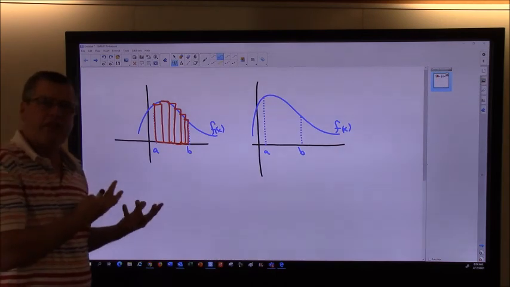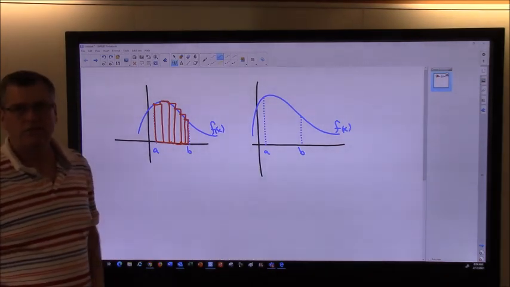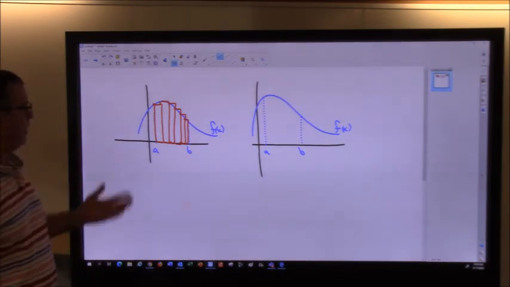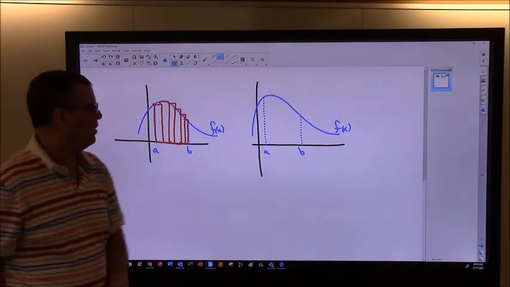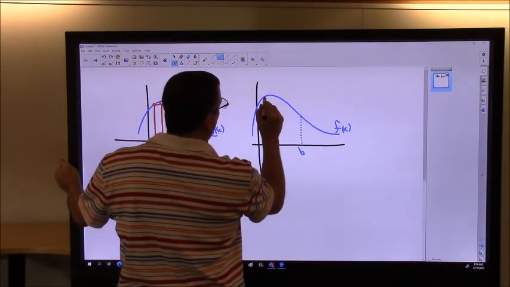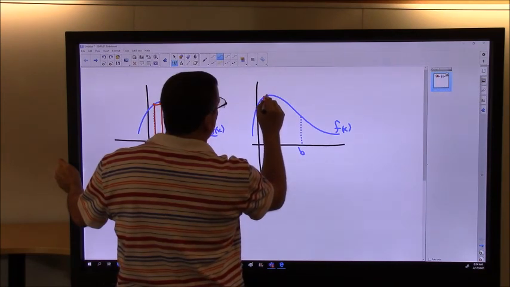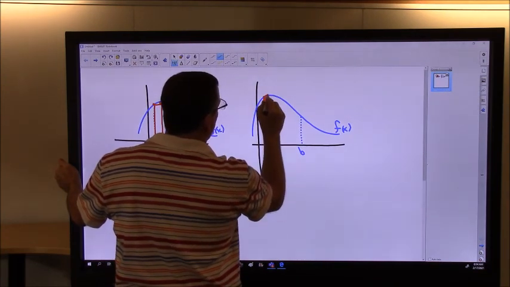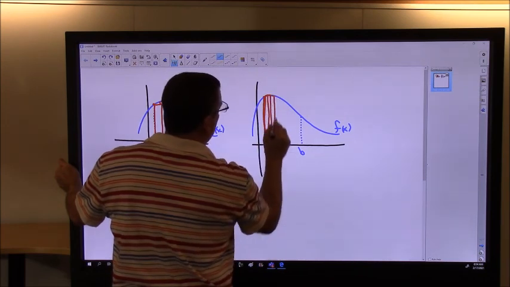So how do I fix that so I'm not adding so much area or missing area? Well, the answer is you let the width of your rectangle get smaller. So maybe I come over here and I'm doing this rectangle, and then this rectangle, and then that one, and then that one.